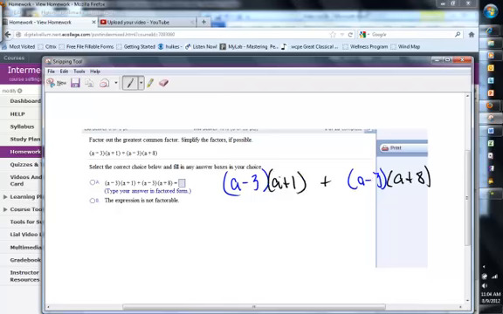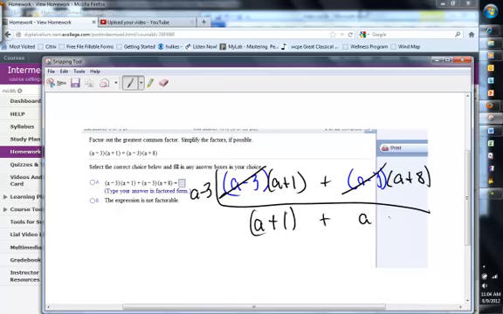Now you can see that they have in common the a minus 3. If you factor that out front, you have a plus 1 plus a plus 8. a plus 1 plus a plus 8 is 2a plus 9.